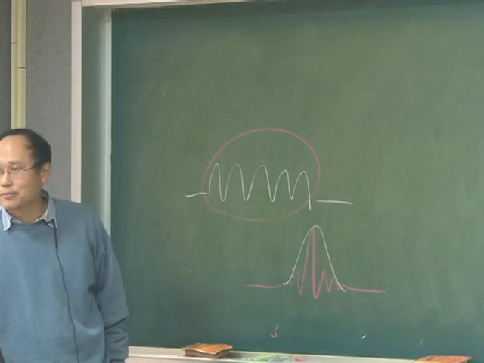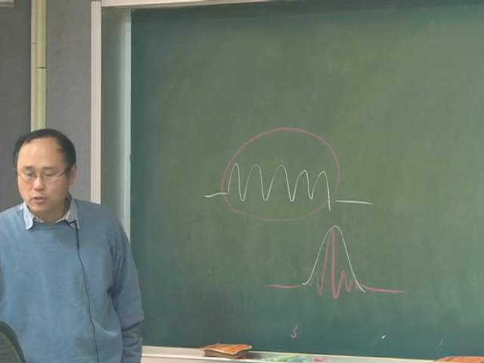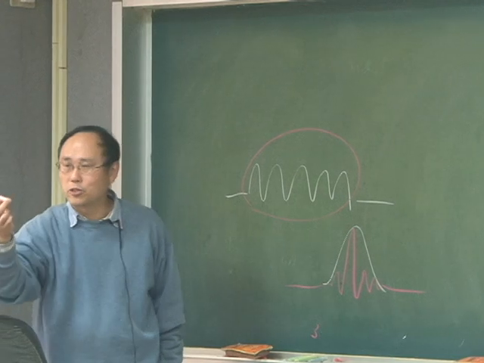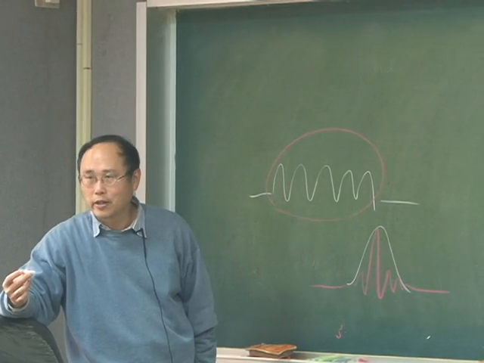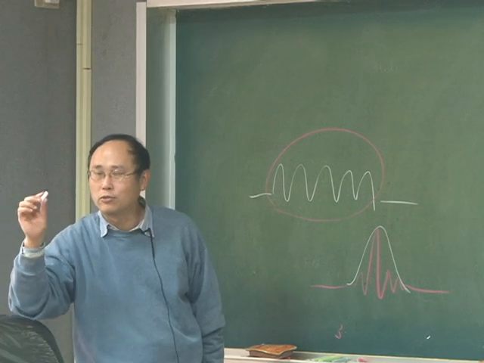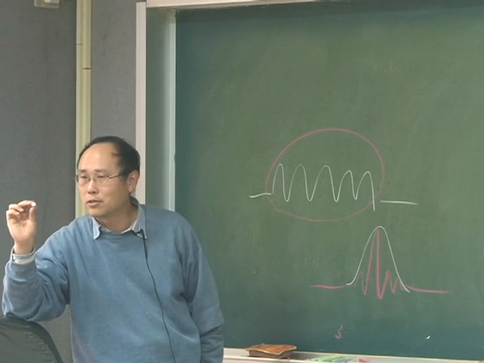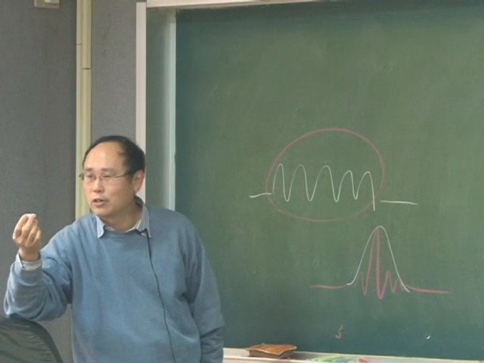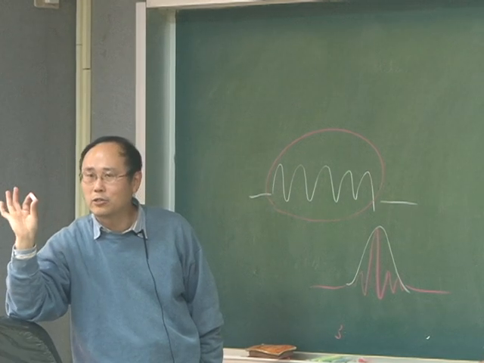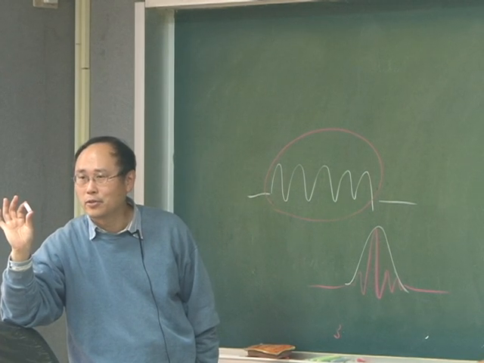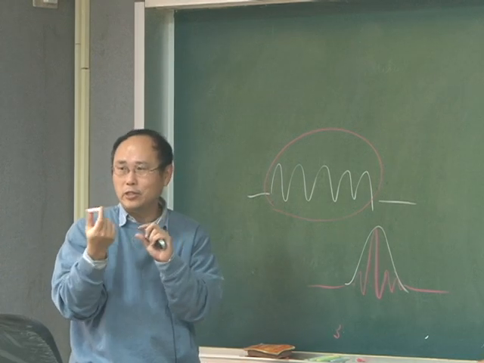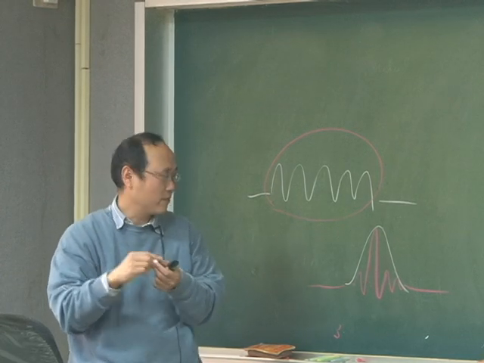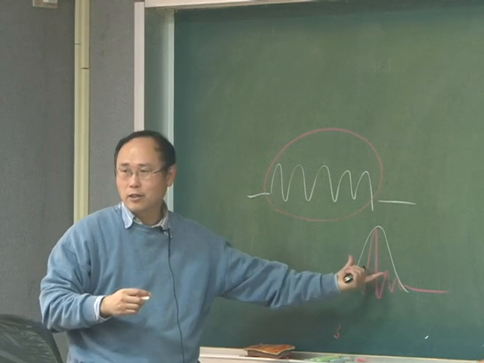You can see that the energy velocity is the group velocity, not the phase velocity. That is different. Just like if I throw you a piece of chalk, the energy velocity coincides with the body of the chalk. We don't care about the details of the wave inside this envelope.